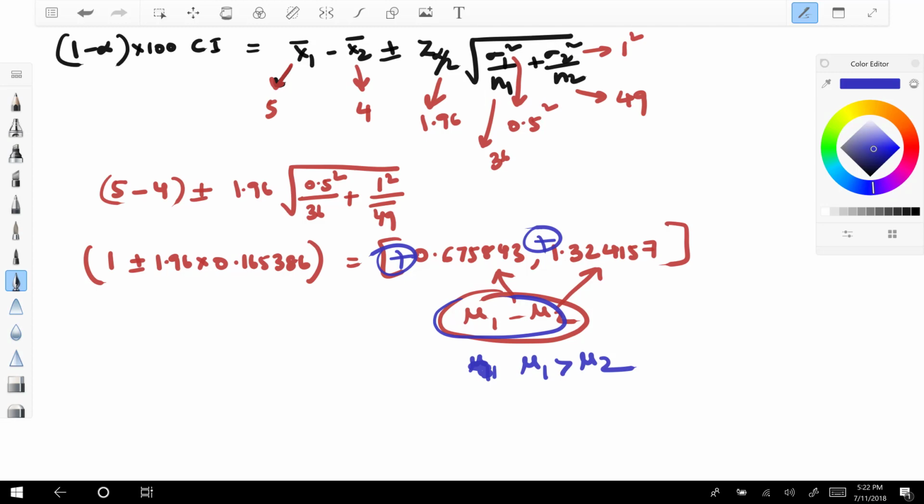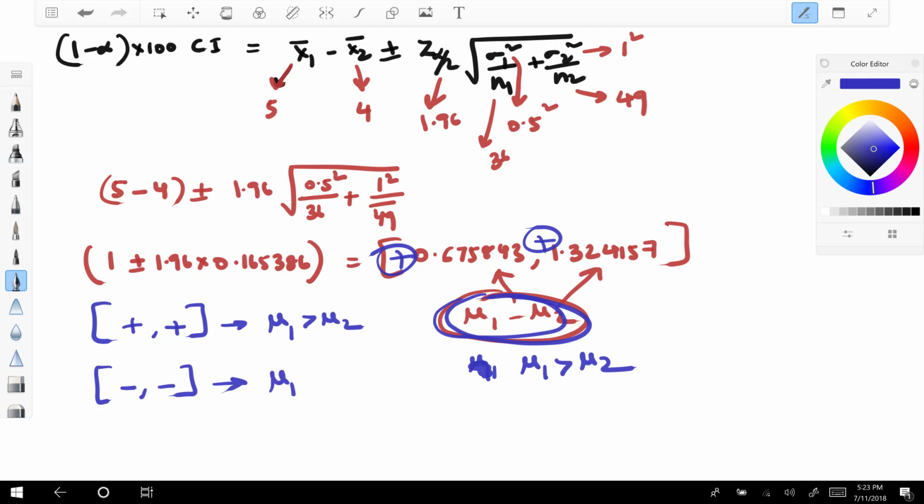If they would have been negative, that means mu2 is greater, so mu1 is less than mu2. If the lower limit is negative and the upper limit is positive, so this has 0, then we can say mu1 is equal to mu2.